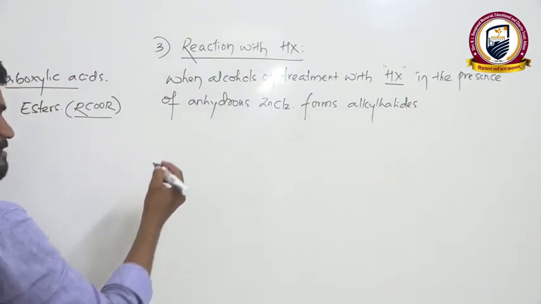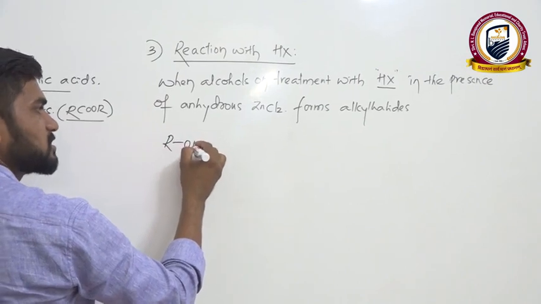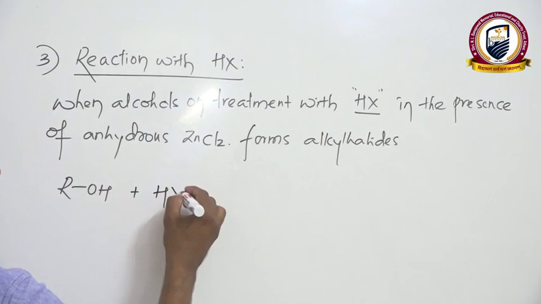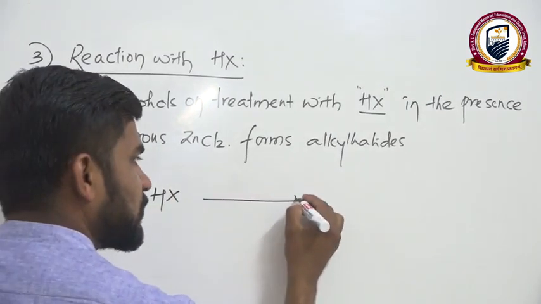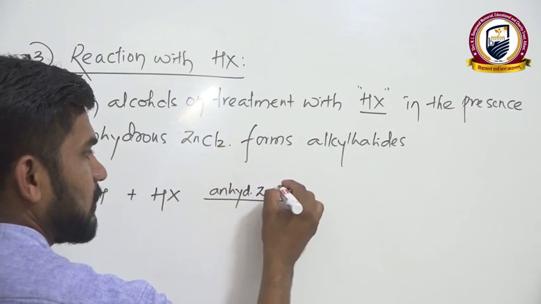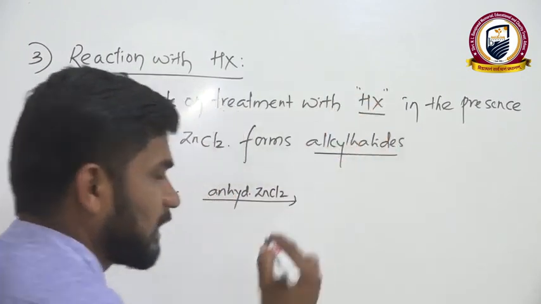That can be written as ROH, the general representation of alcohols, treated with hydrogen halide HX in the presence of anhydrous ZnCl2. There is a formation of alkyl halides.